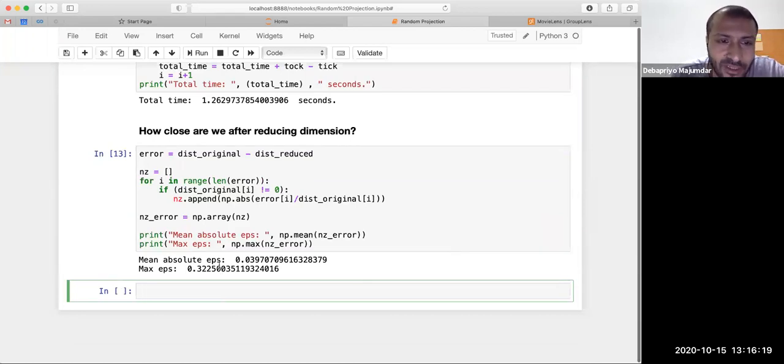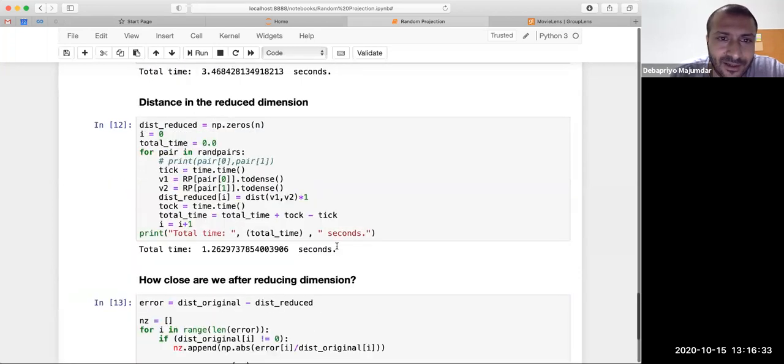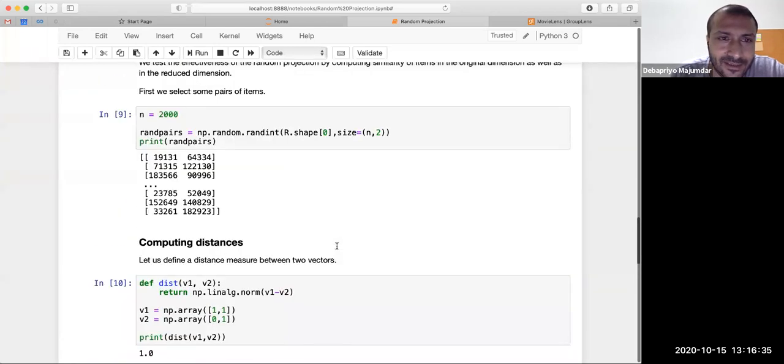So yes, the mean is very small. The maximum is this. You can compute variance and many other things from this and try to figure out what happens. It's a very easy code.